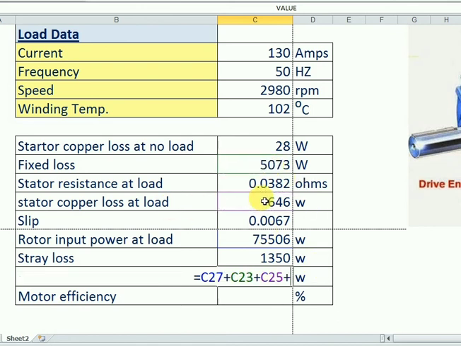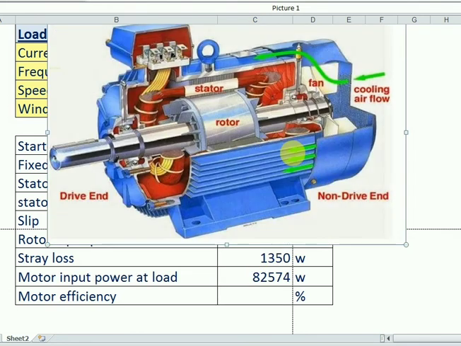So now we got it. The power taken for the fan and friction loss, that is the no load power minus the stator copper loss, we add, plus the power given to the rotor, plus the stator copper loss and stray loss.